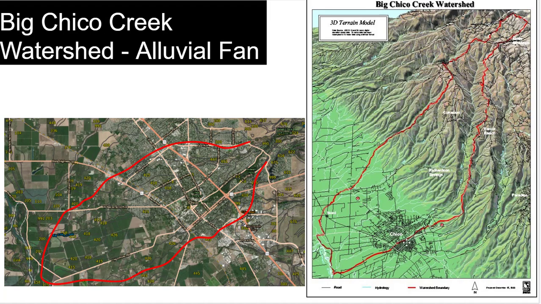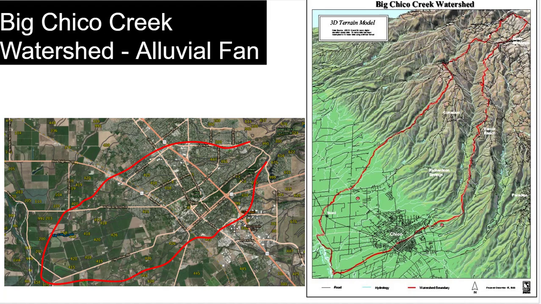This red delineation here is pretty straight, and that's because right next to Big Chico Creek is Butte Creek, and it's a larger and more productive watershed than Big Chico Creek, and you can see how its influence and the interaction of these two alluvial fans created this straight line where the water from this one was heading out and the water from this one was heading out, and they were co-interacting in that location.